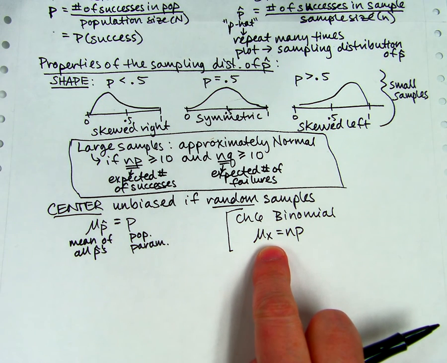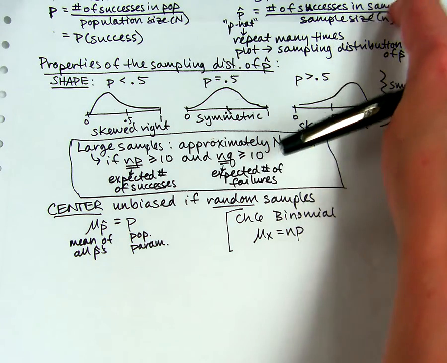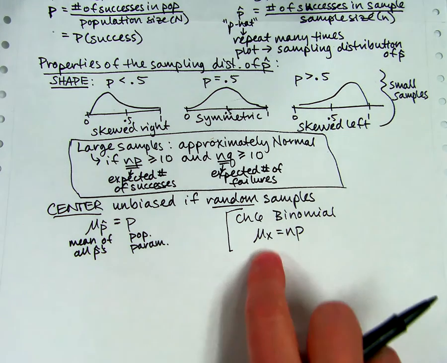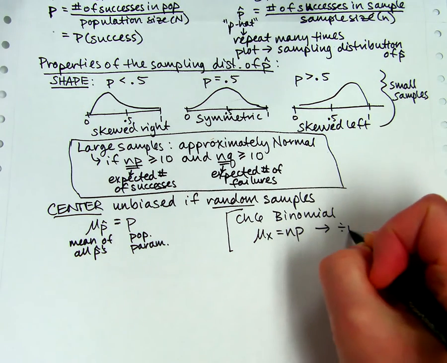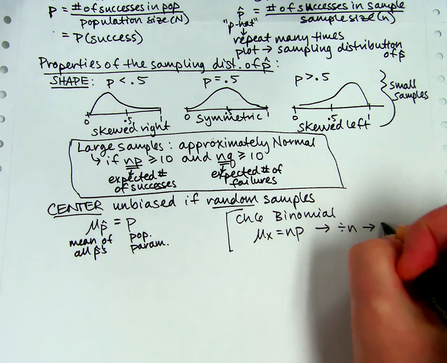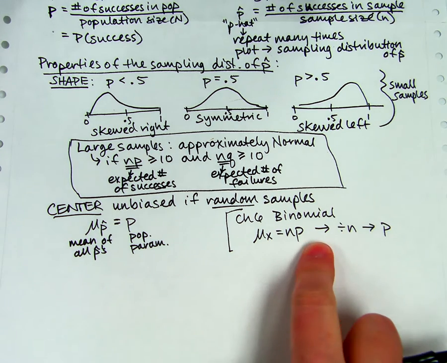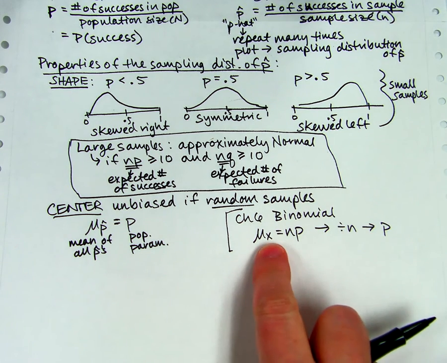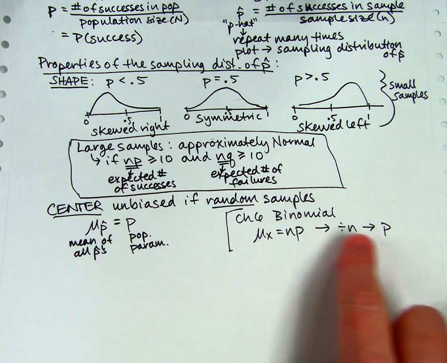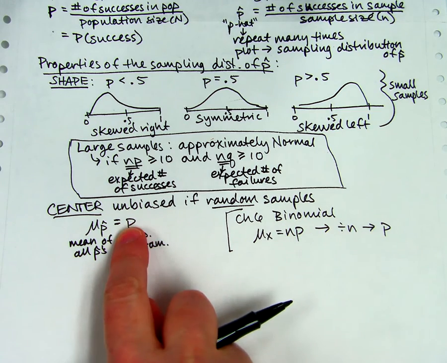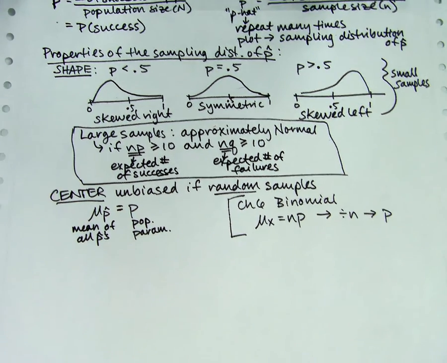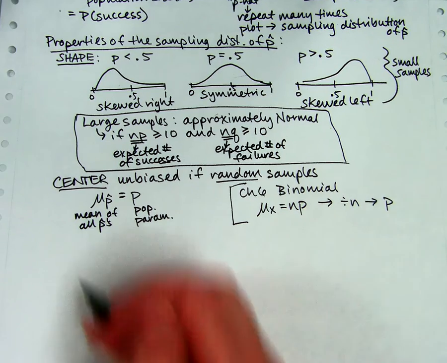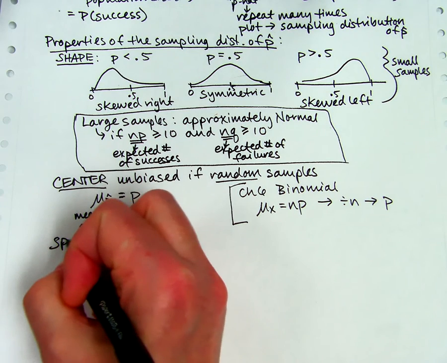So if you want to change this to proportion of successes, you divide by n. If you divide by n on both sides, then x divided by n becomes p hat, and np divided by n becomes p. So that's where that formula came from. It's the same formula, except we're dividing by n now. All right, spread.